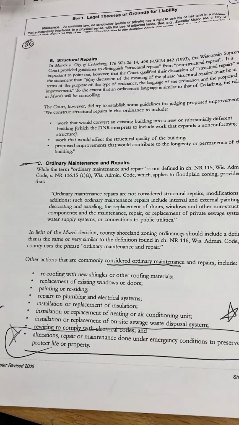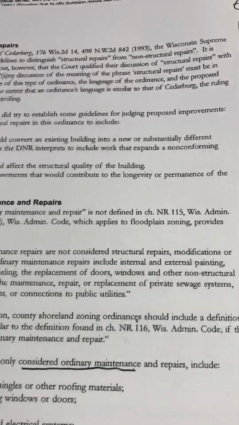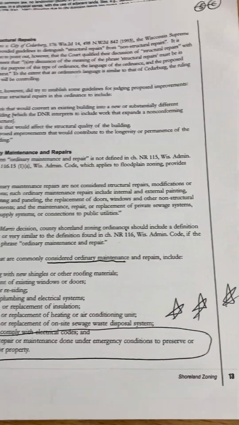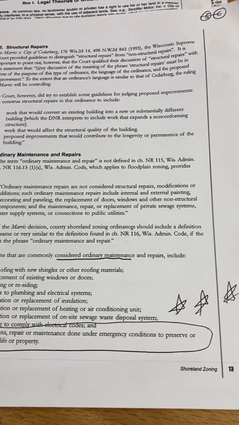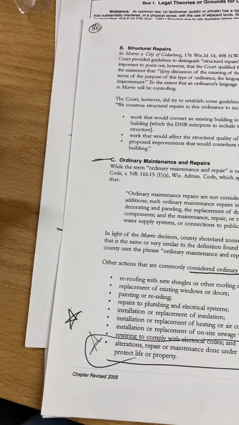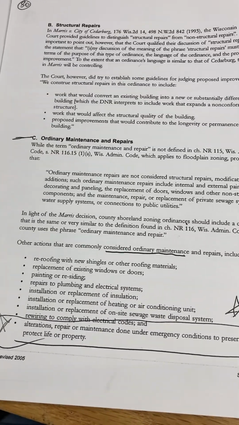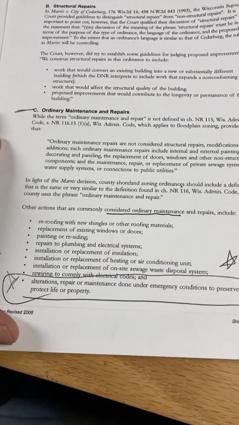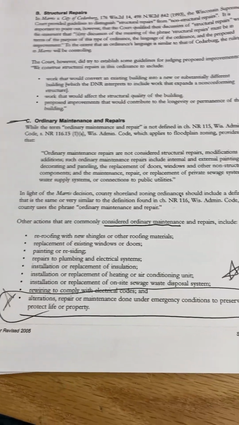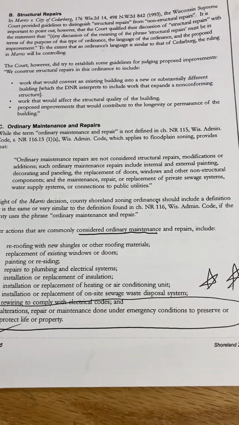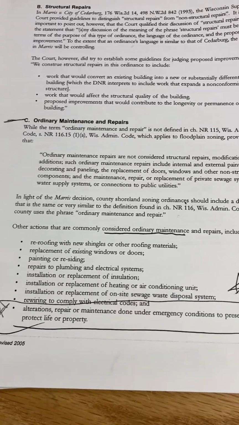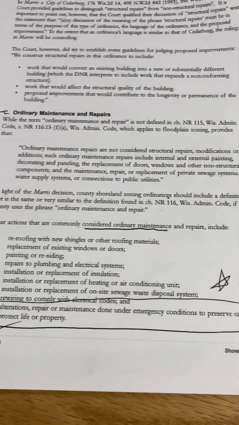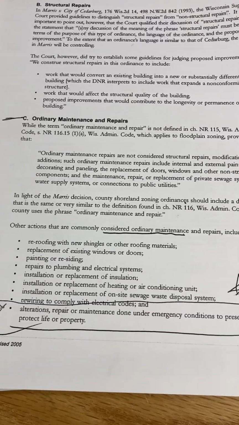Modifications or additions, such as ordinary maintenance repairs, internal and external painting, decorating, paneling, placement of doors, windows, and other non-structural components, and the maintenance, repair, or replacement of private sewage systems or connections to utilities. In light of this Maris decision, that's a court decision, county shoreline rezoning ordinance should include a definition that is the same or very similar to the definition found in NR 116 if the county uses the phrase ordinary maintenance repair.